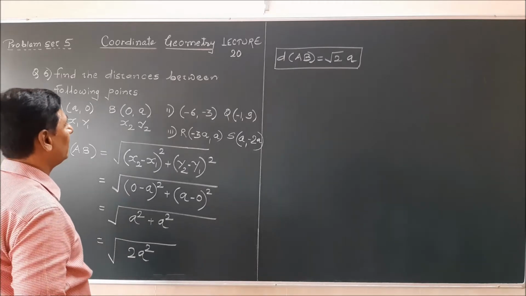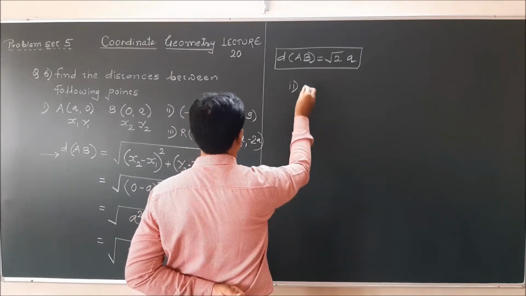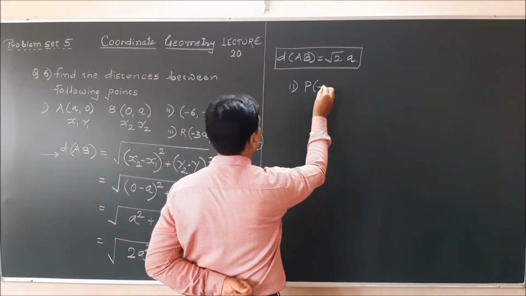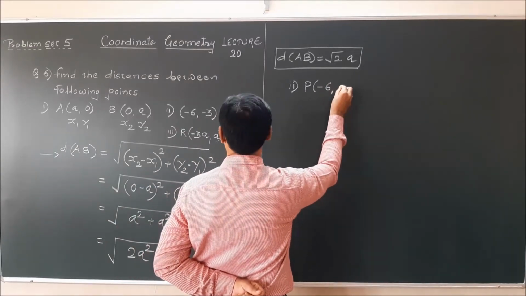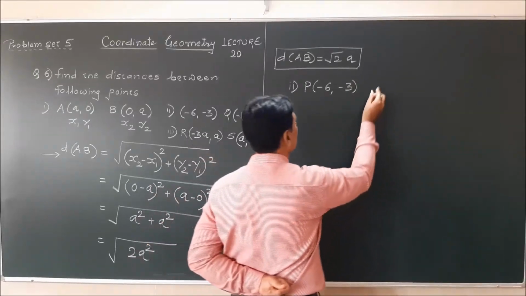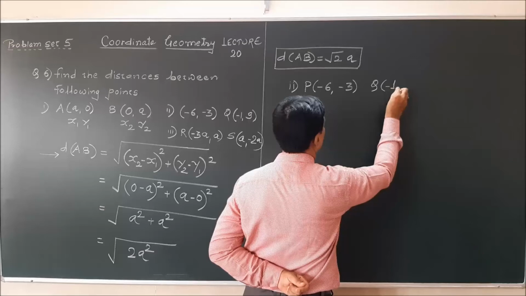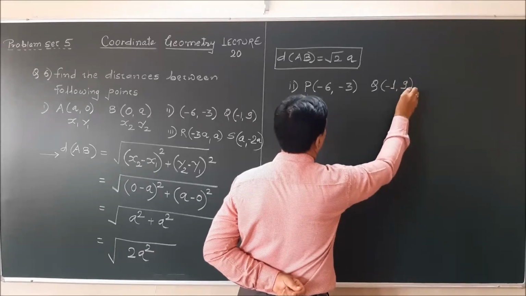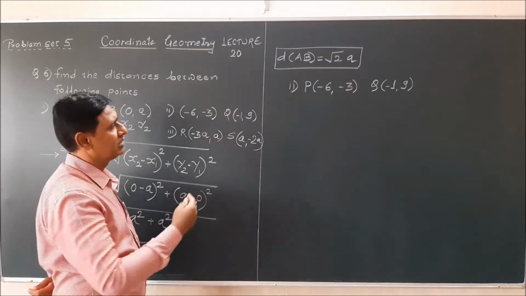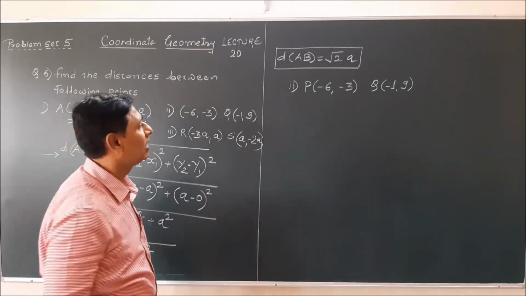Now I am going to find out the second one. Coordinates of P are minus 6, minus 3, while the coordinates of Q are minus 1, 9.